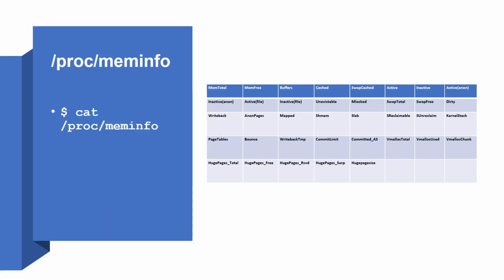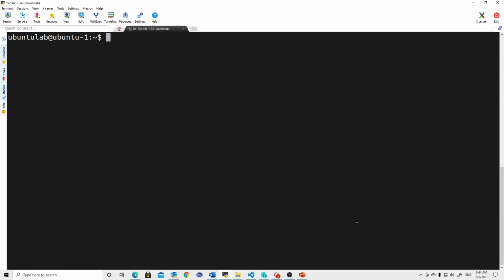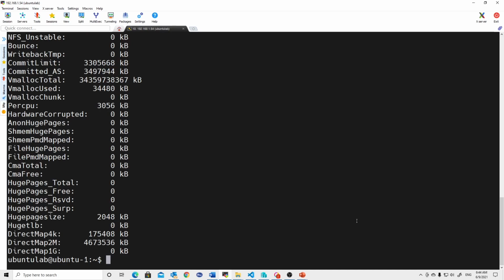/proc/meminfo. The pseudo file /proc/meminfo contains a wealth of information about how memory is being used. We do cat /proc/meminfo. See this file. So it is worthwhile to go through this listing and understand most of the entries listed in the table.